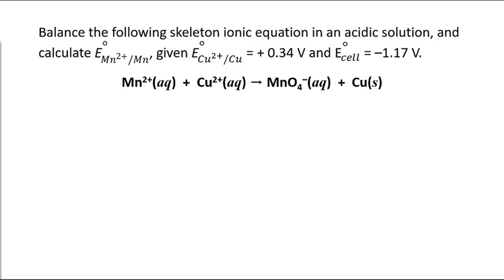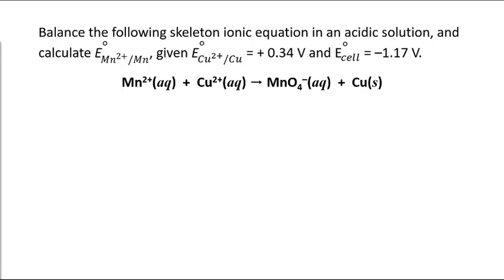In addition, on the left-hand side you have a manganese 2 plus and a copper 2 plus, and on the right-hand side you have neutral copper and a MnO4 with only a negative 1 charge. That should also stand out as not quite correct, because you can't just have electrons disappear or go somewhere without actually going somewhere.